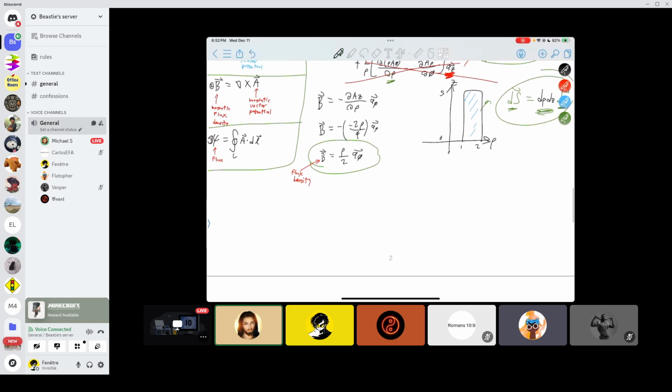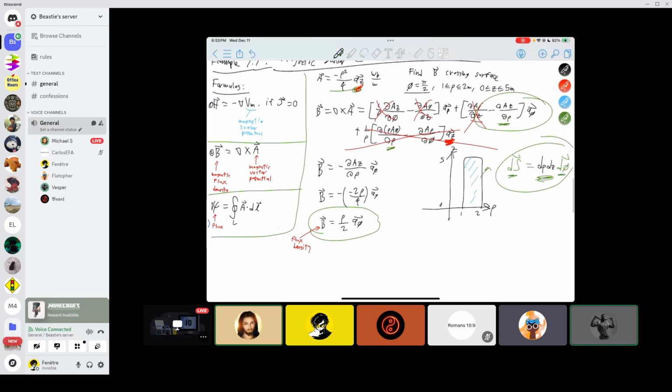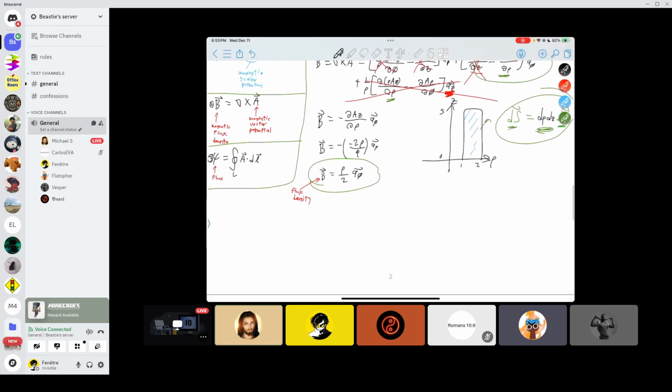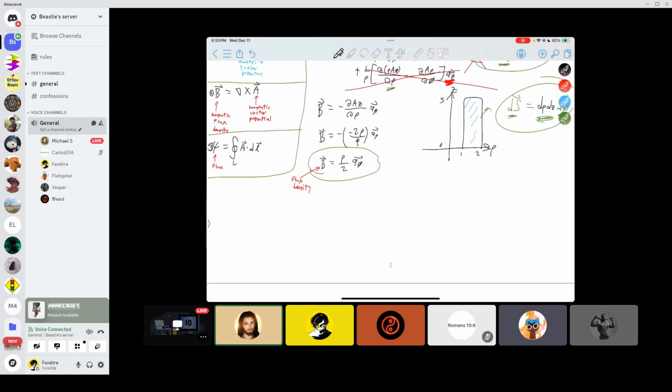Okay, so with this in mind, all we need to do now is find the flux. And what is the flux? We also have another formula, which I should probably write here. This is equal to that. So there you go.